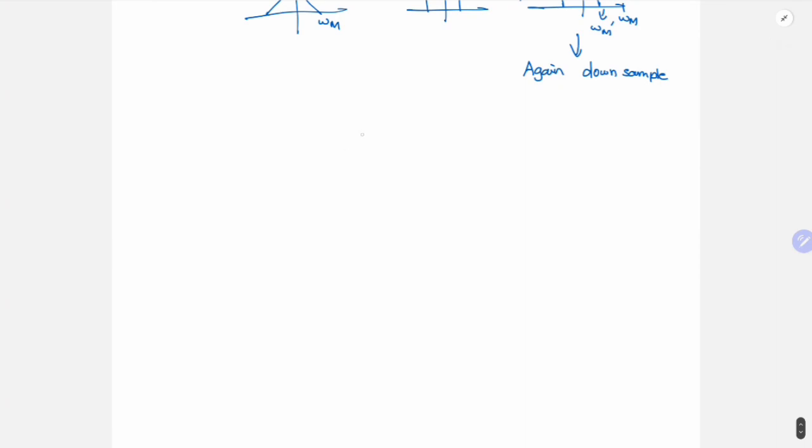So we already saw that we are getting xp of n, but my xp of n is such that I'm having 0 here, then I'm having all zeros, 1, 2, up to n, I'm having all zeros, right? And then again at 2n, I'm having all zeros. So these zeros I can discard, and I can define a new sequence xb of n, which is equal to xp of n into n.